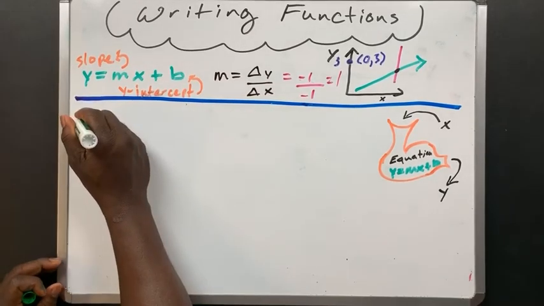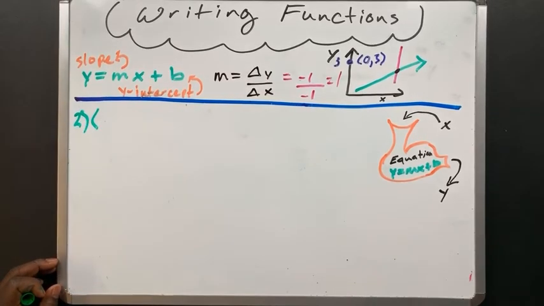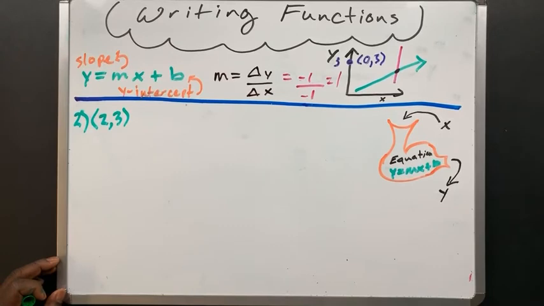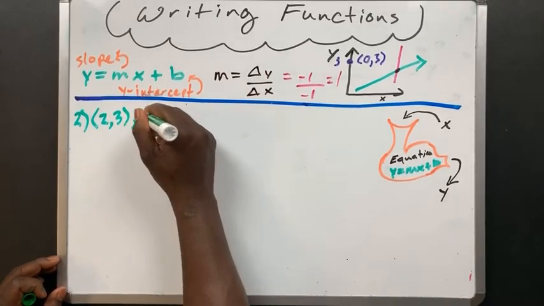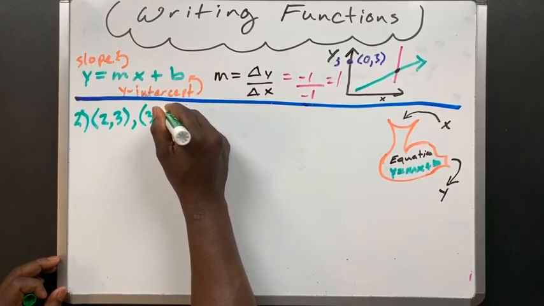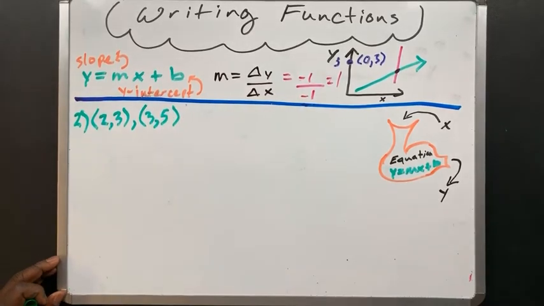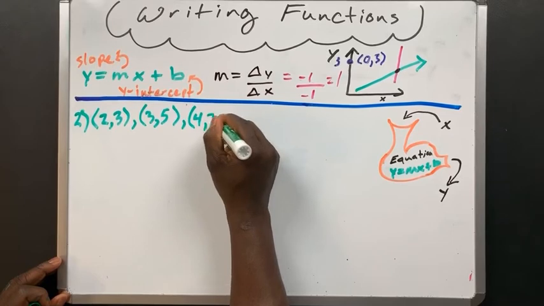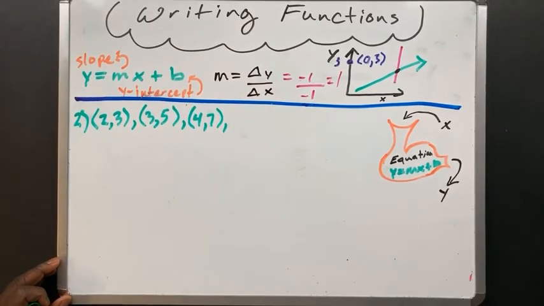Okay, so this is for number 2. We have 2, comma 3. We have 3, comma 5. We have 4, comma 7. And then we have 5, comma 9.